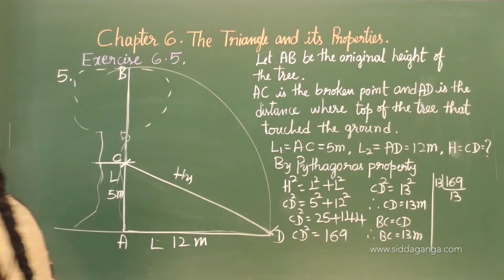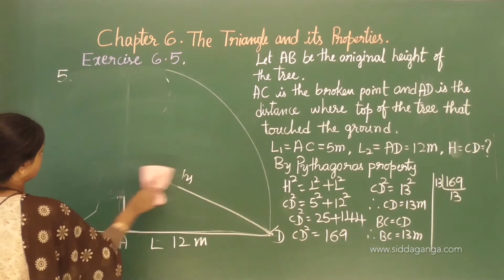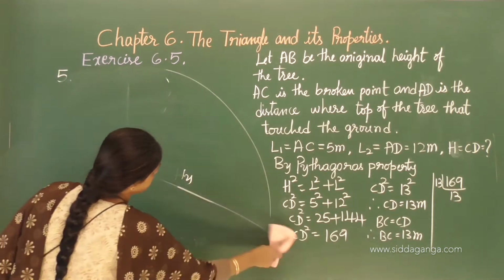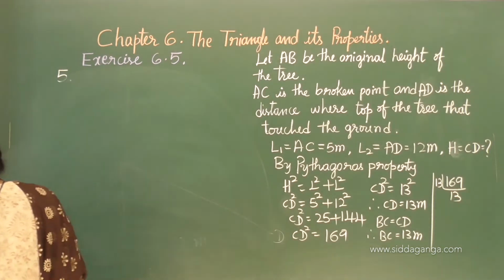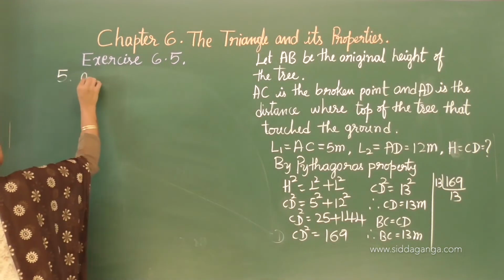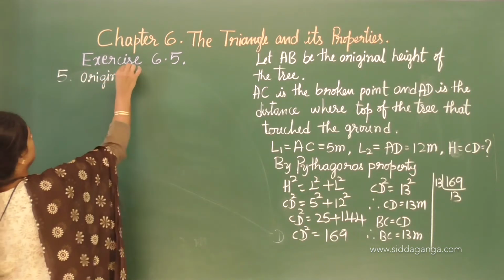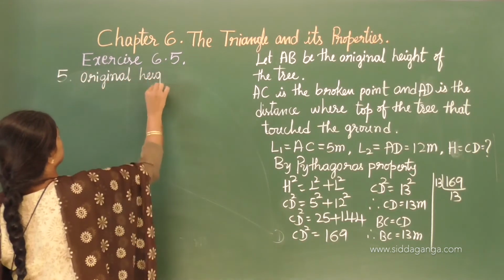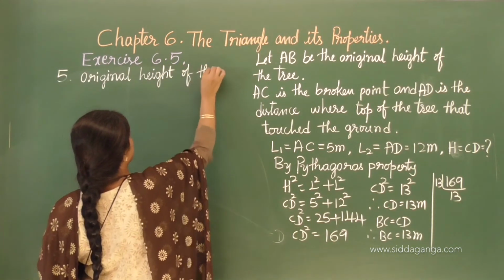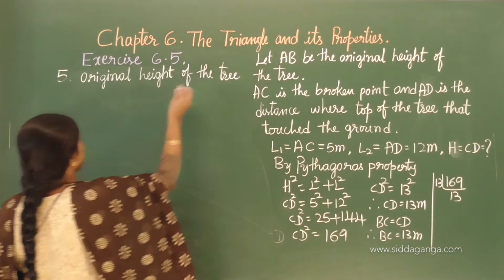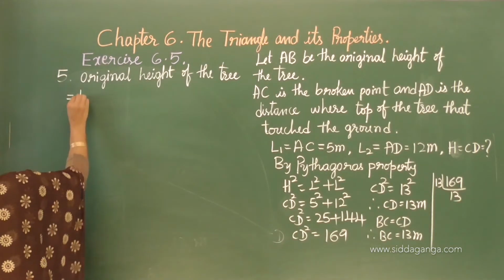After this, we have to find the original height of the tree. Then consider the original height of the tree is equal to what?